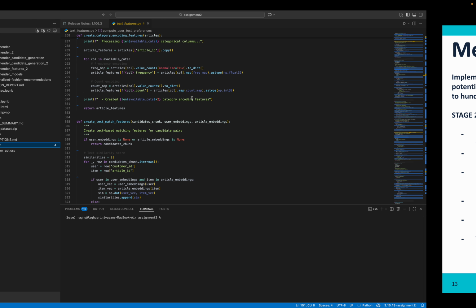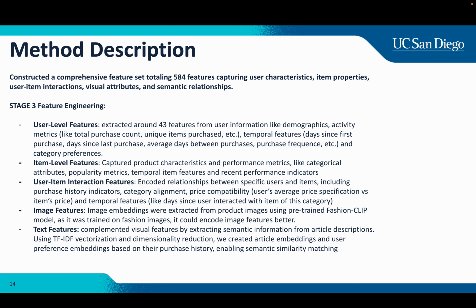So next we move on to the feature engineering part. From the given data we have user level features like the demographics, total purchase count, and unique items purchased. These are features that we could get from the user behavior, and then we could also extract temporal features like days since first purchase, days since last purchase, and average days between purchases. These are some sort of pre-processing done on the already existing transactions data.